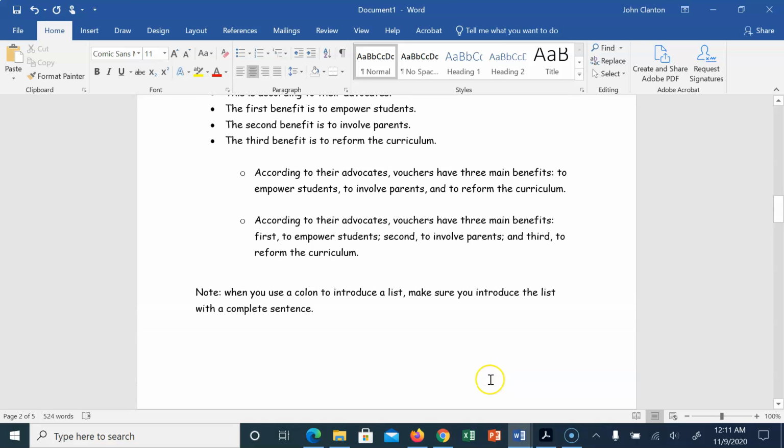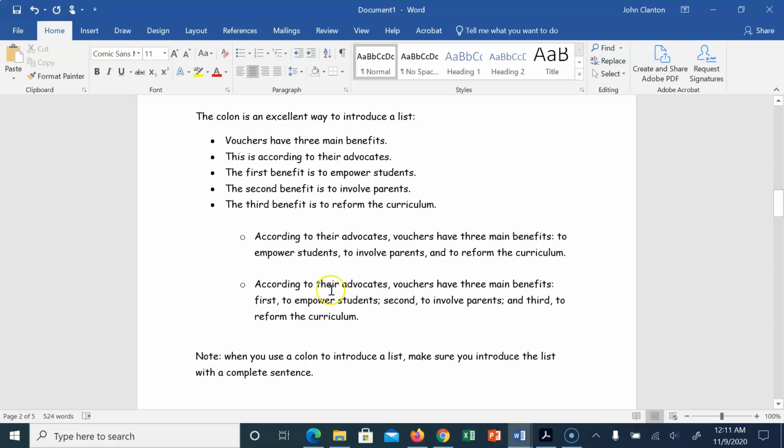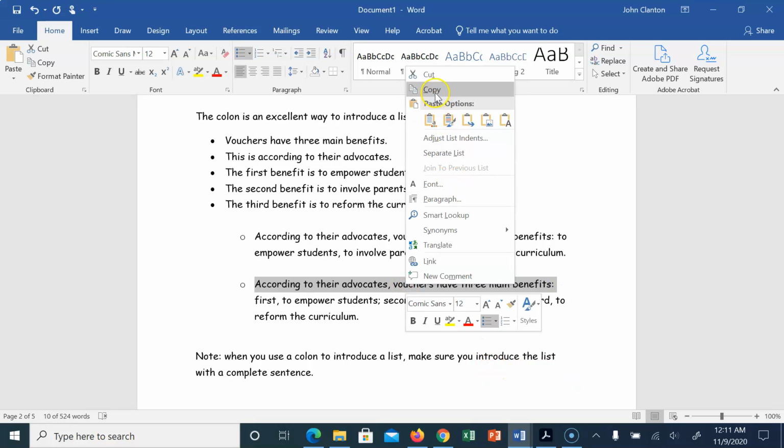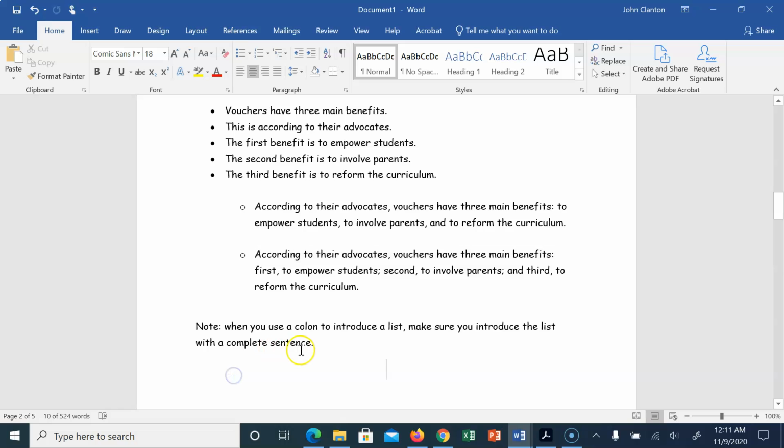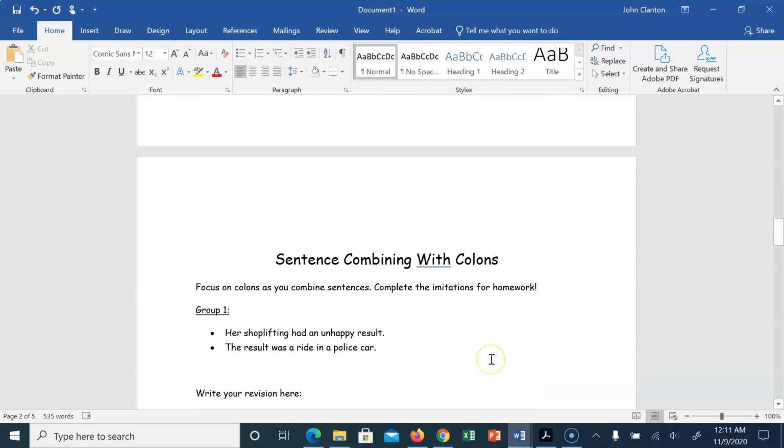Right? So on the left, just like this here, is a complete sentence. So what you want to avoid is something like this. Let me show you real quick. According to their advocates, vouchers have three main benefits, and then if you went like this, such as, and then a colon, right? That's not going to sound right, so you've got to make sure it's a complete sentence.